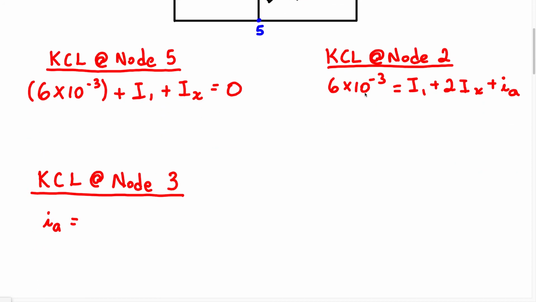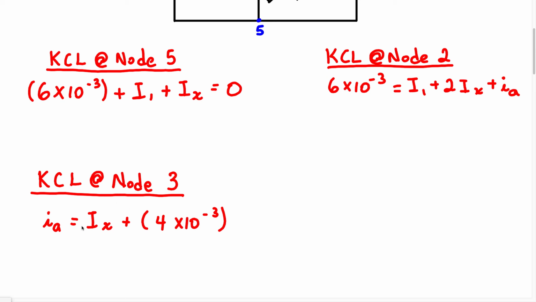So we're going to have IX plus 4 milliamps, which we can write as 4 times 10 to the minus 3. Now we have IA equals IX plus 4 times 10 to the minus 3.